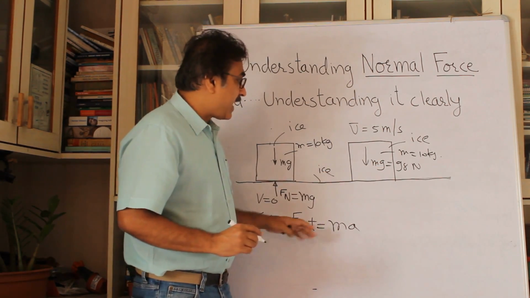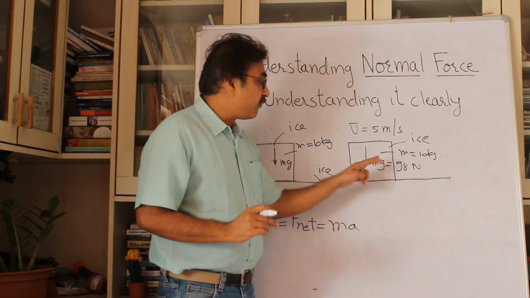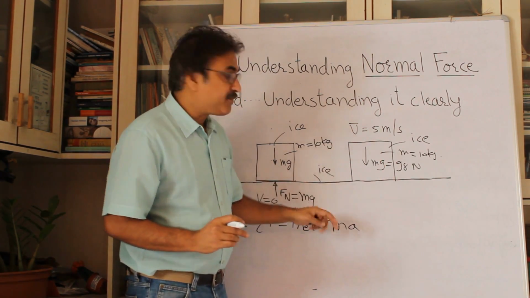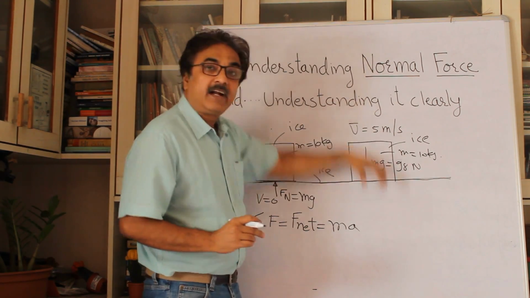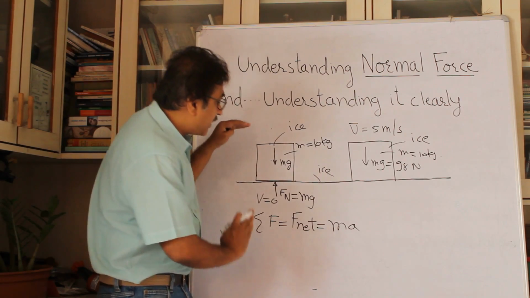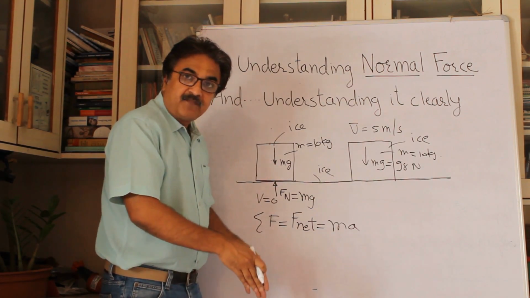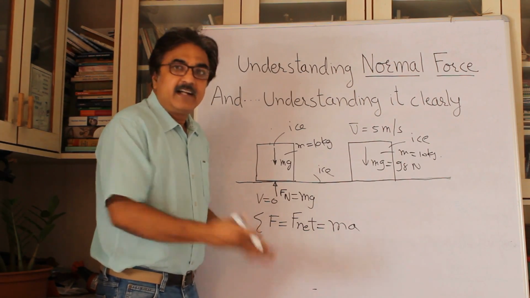Imagine if there were no force acting upward cancelling this, what would have happened? The body would have accelerated in the downward direction. Same here, I should have mentioned it. If there were no force acting upward, the body would pierce through the ice. It's not happening.